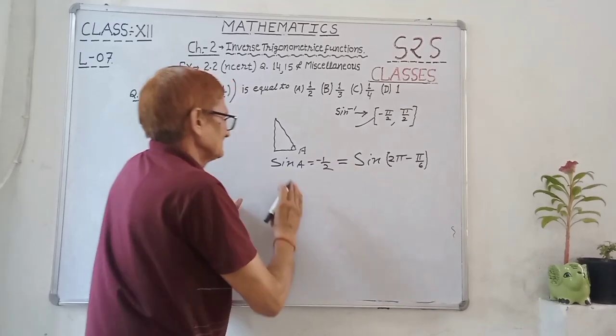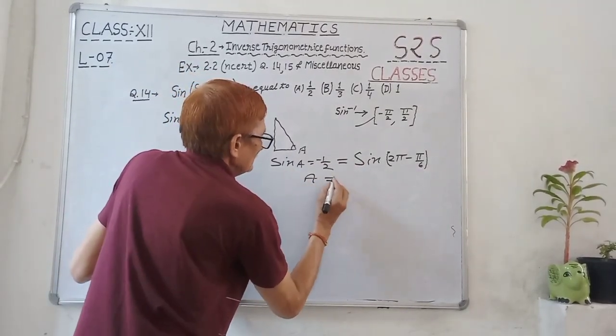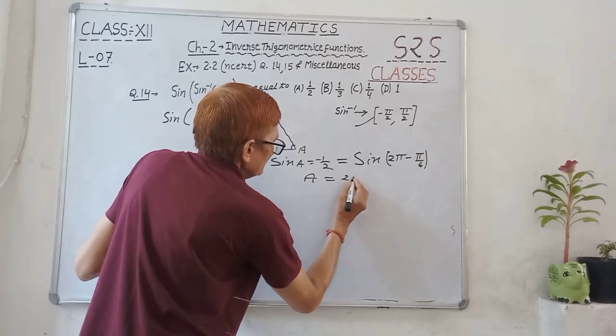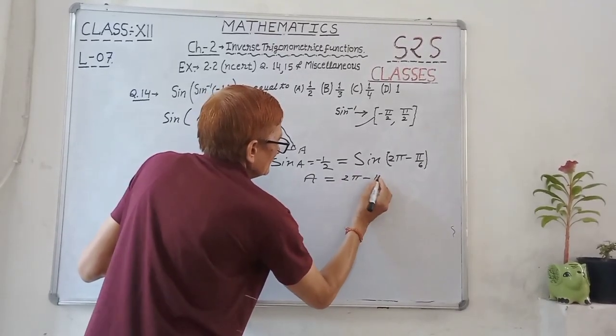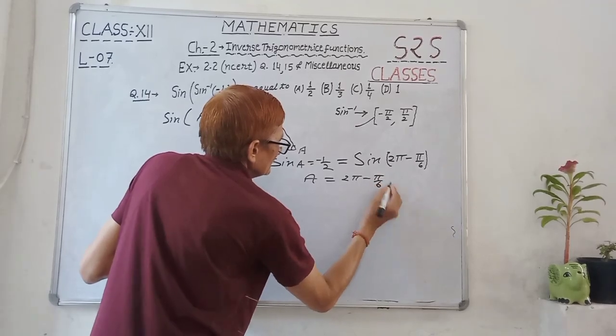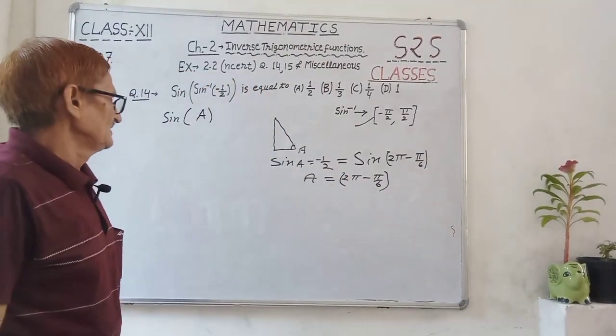So we can write this, the sine and sine cancel, then A is equal to 2 pi minus pi by 6. Okay, A is this.